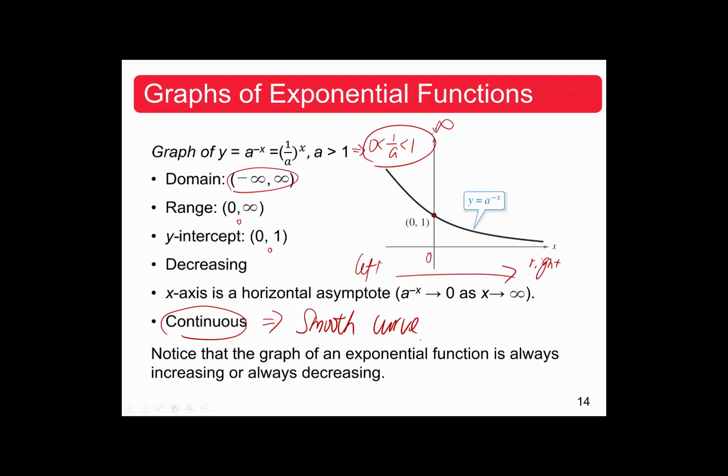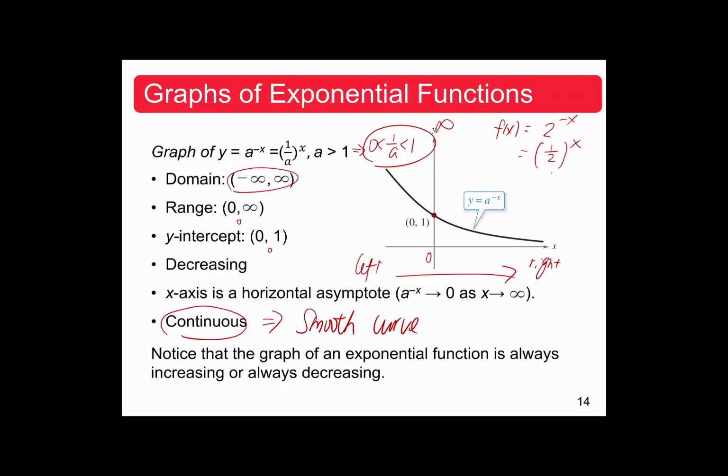For example, if you want to graph f of x equals (1/2) to the x, or maybe 2 raised to negative x, then if you do the transformation, it becomes half to the x power.